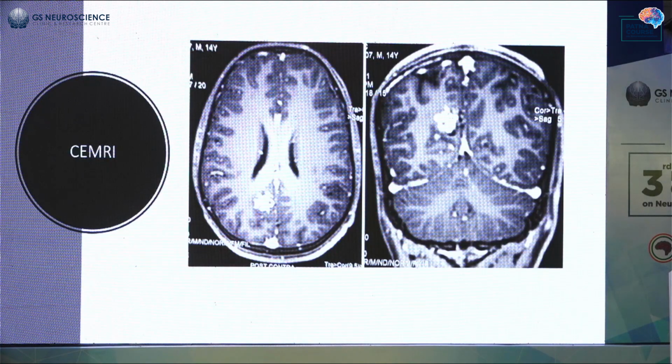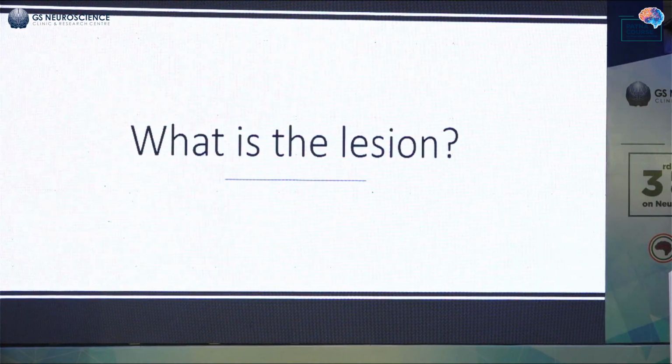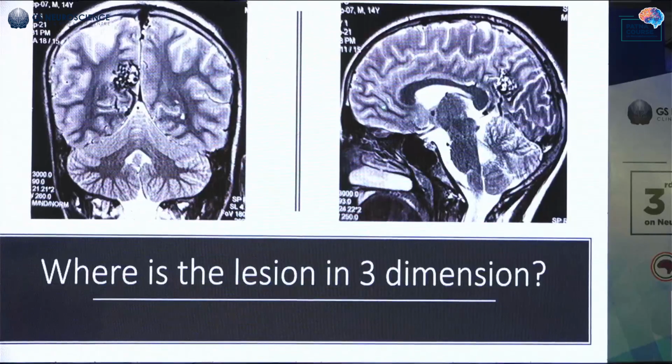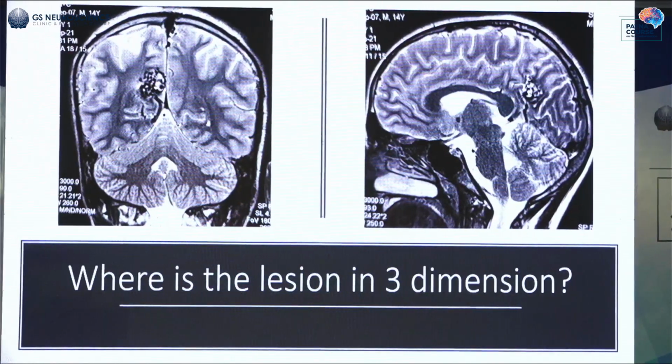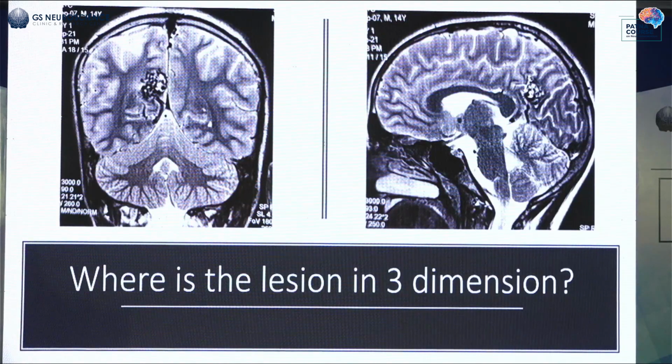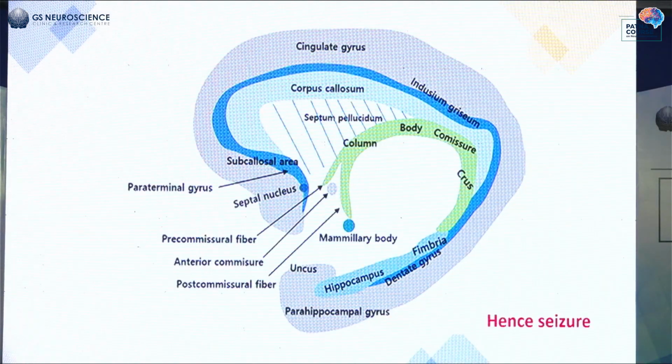This is a contrast enhanced scan of the same patient. Obviously this is an AV malformation, not of the callosum, because the callosum looks clean, situated posteriorly. Now, this is the anatomical delineation of the lesion.